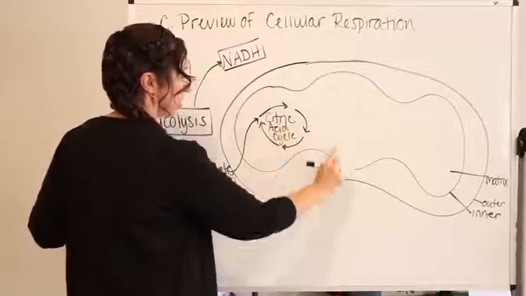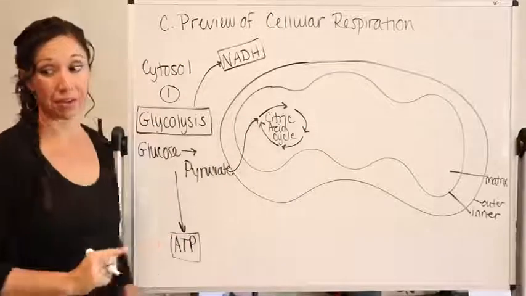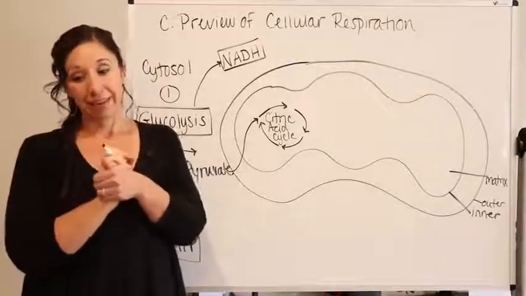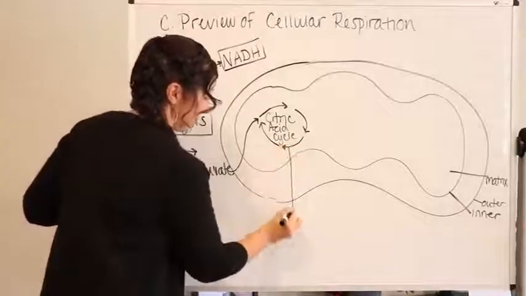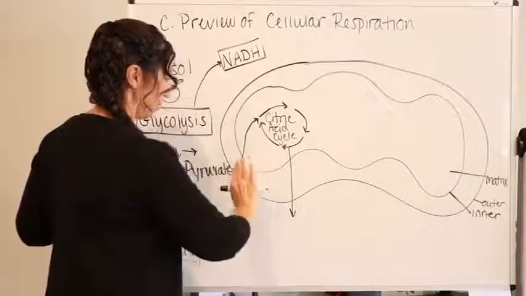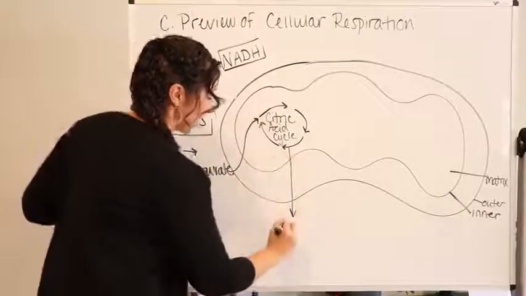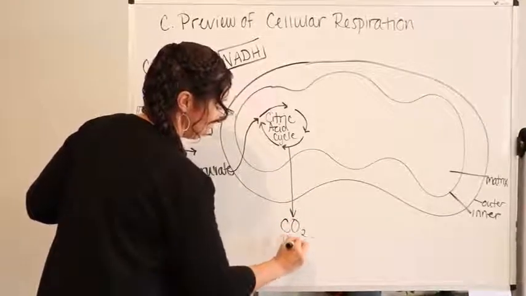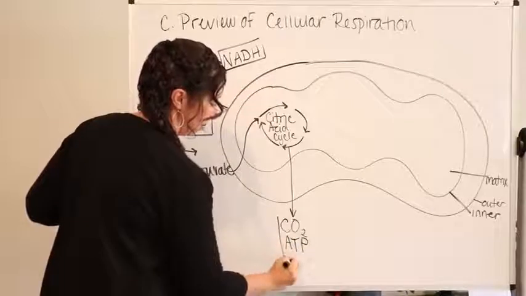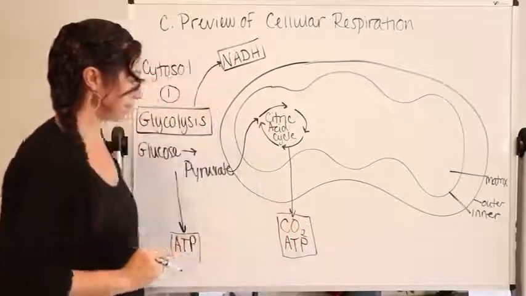And during this cycle, you have a number of reactions going on here. The biggest thing happening during the citric acid cycle is that this, and there's things going on as it goes in here too. This is where you're going to make some carbon dioxide and some ATP, but not too much. Just a little bit.